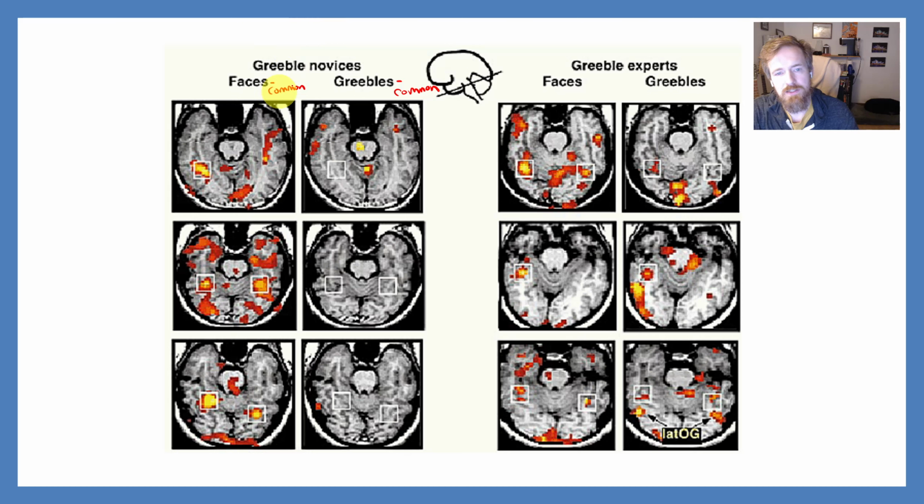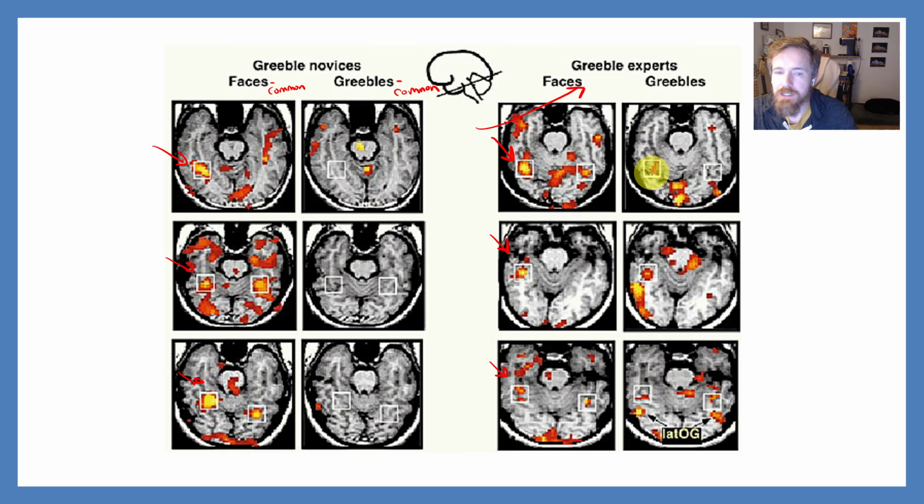So for the novices, the fusiform face area is active whenever you're looking at faces versus any other kind of object. But when they're looking at greebles, no difference. Just like a bird expert looking at a car, there's no difference between those stimulus classes. However, whenever they train up on greebles, now you can see the face thing is still there, so they still have fusiform face activation.